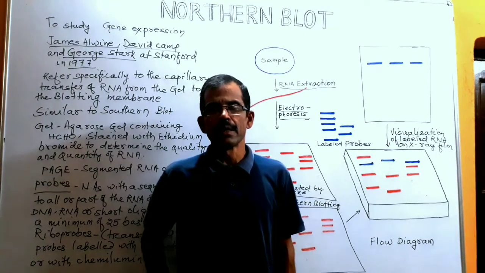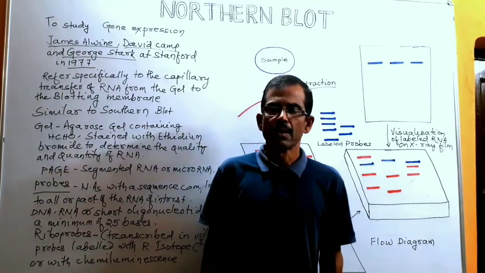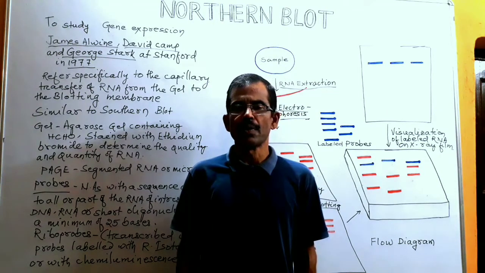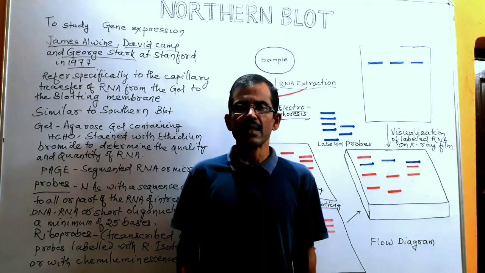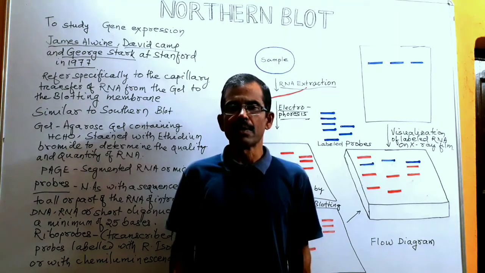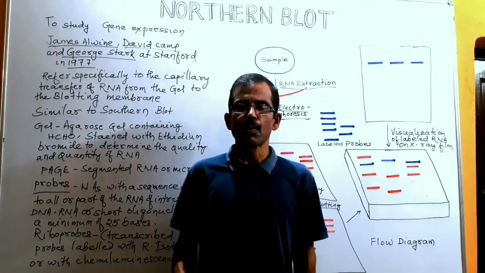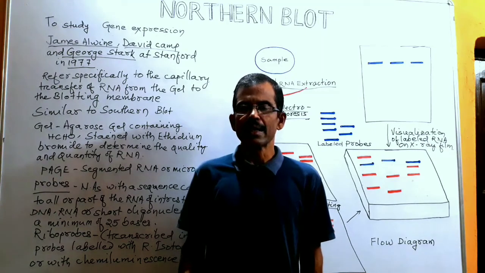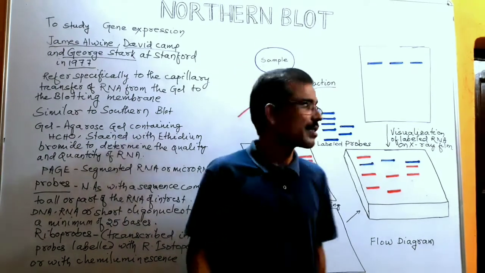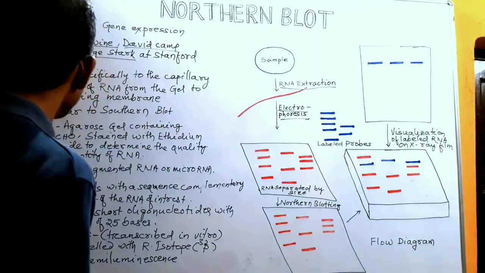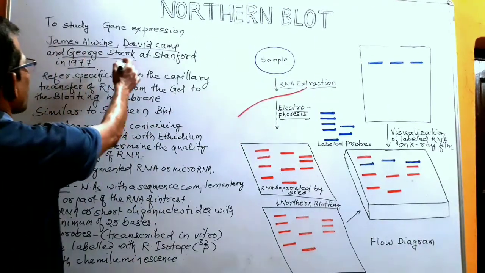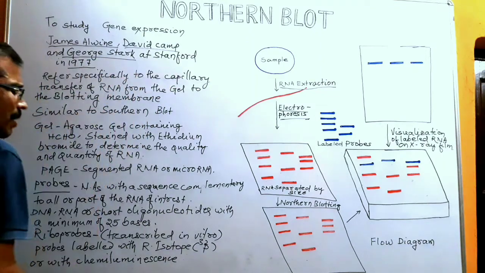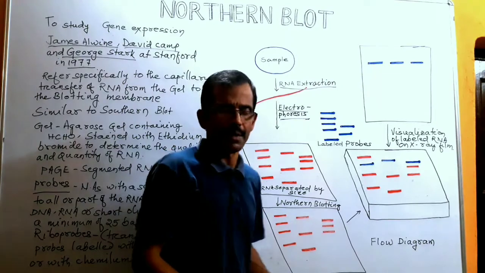Strictly speaking, the term northern blot refers specifically to the capillary transfer of RNA from gel to a blotting membrane. However, commonly the entire procedure is known as northern blotting. The technique of northern blotting was developed by three scientists, namely James Alwine, David Kemp, and George Stark at Stanford University in 1977.